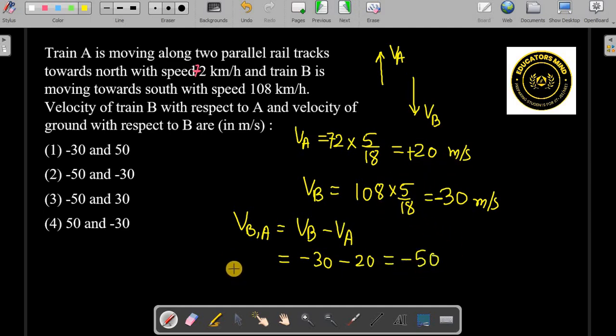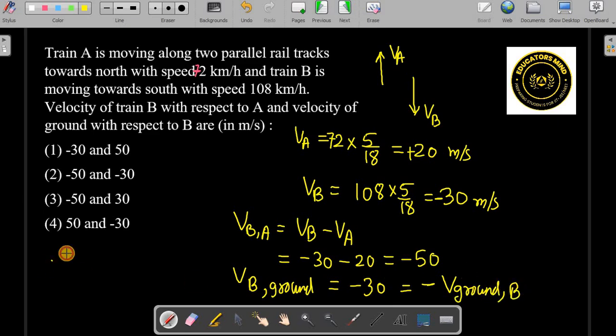Now what is the velocity of ground with respect to B? Velocity of B is actually with respect to ground itself. That is what is given as minus 30. So if I choose velocity of ground with respect to B, this is minus of velocity of B with respect to ground.